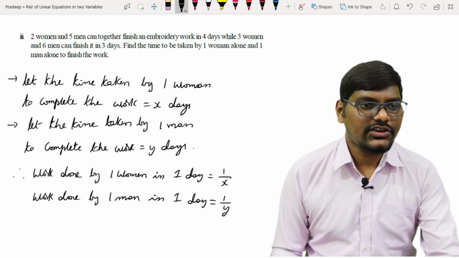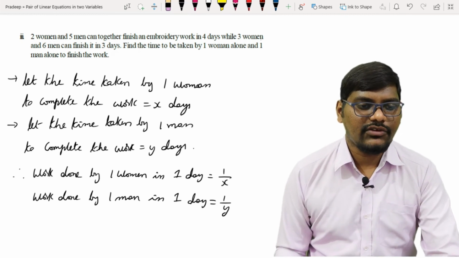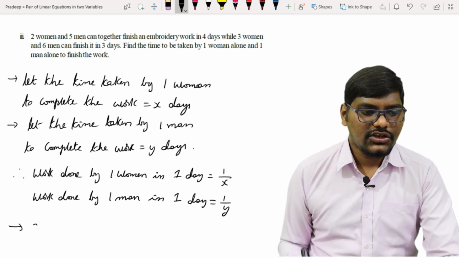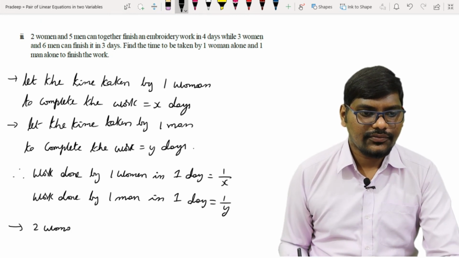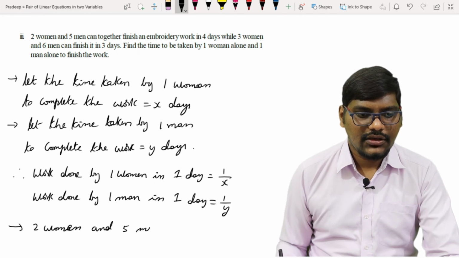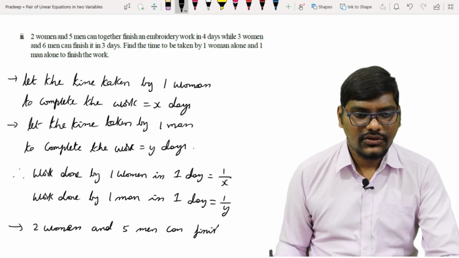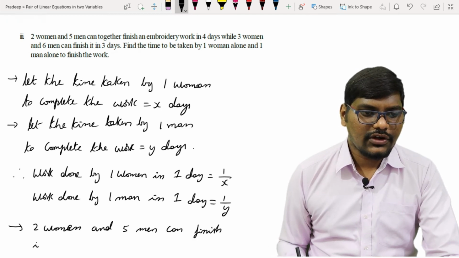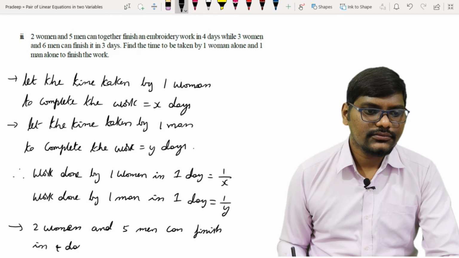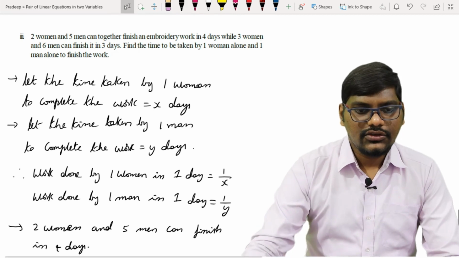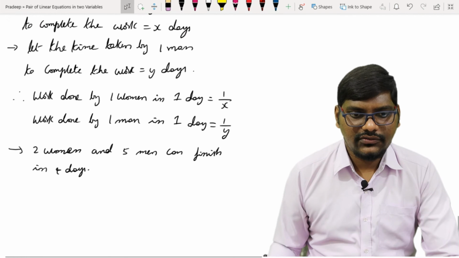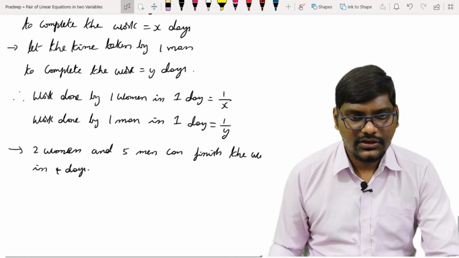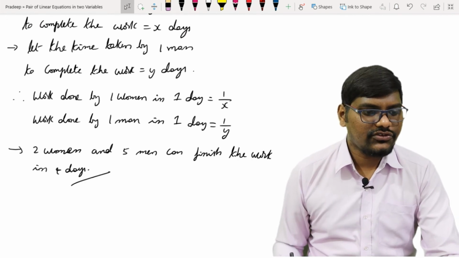So we'll see the first condition, that is 2 women and 5 men were working, right? So I'll write 2 women and 5 men can finish the work in 4 days.